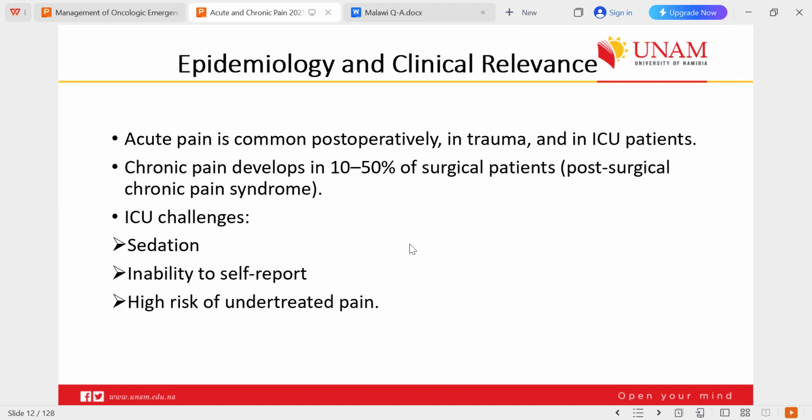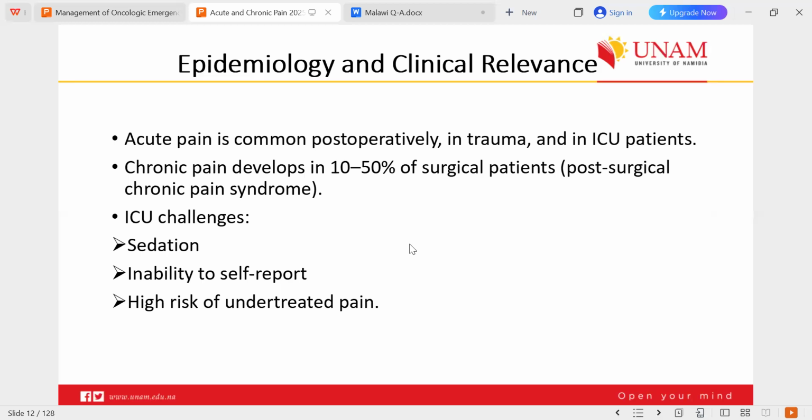About 10 to 50% of our post-op patients will develop chronic pain, what we know as post-surgical chronic pain syndrome. This is from undertreatment of acute pain, especially in the post-op period.